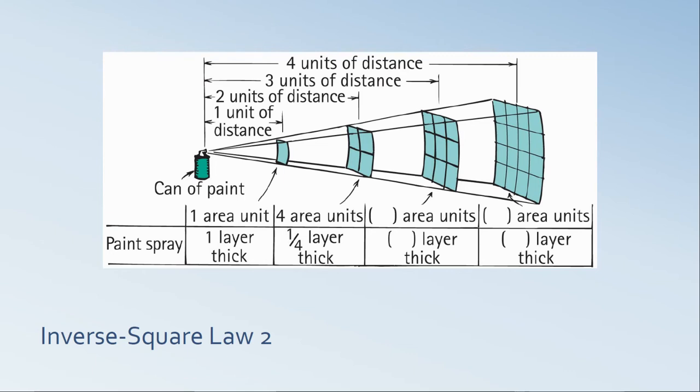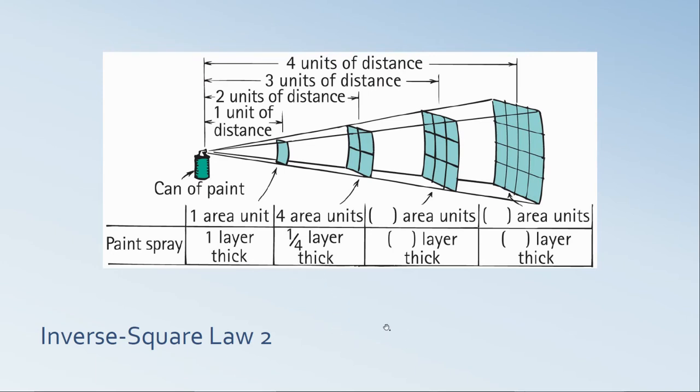But let's say now you back off from the wall to double that distance and you put your finger on the nozzle and you shoot out the exact same amount of paint. Well, now we can watch, see these lines drawn here. As we get 2 units of distance away, we're going to have 4 area units covered with our paint, but the thickness of the layer is only going to be a quarter as much.